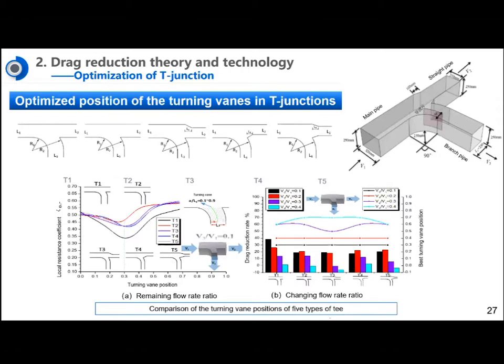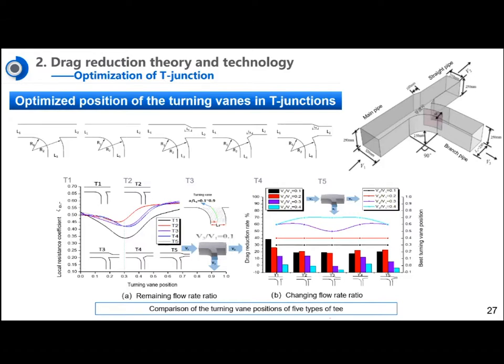The next two slides, 27 to 28, show a comparison of the total pressure loss and the increase or decrease ratio compared with the standard or traditional airballs. These are different kinds of T-junctions.